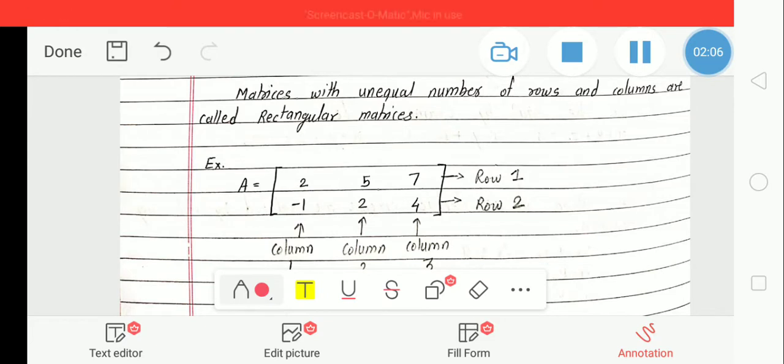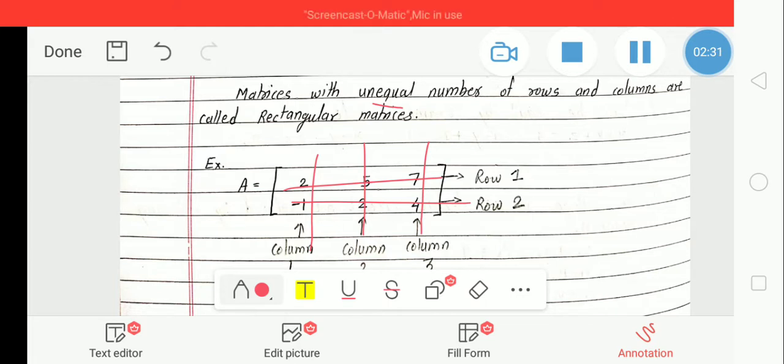In this example, A is a matrix with rows 2, 5, 7 and -1, 2, 4. We know these two are rows and these are columns. So here we have unequal rows and columns: 2 rows and 3 columns.